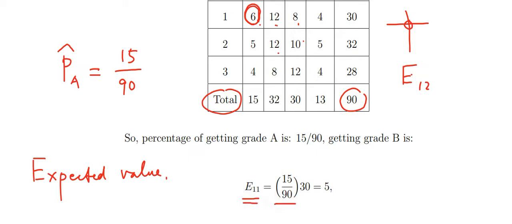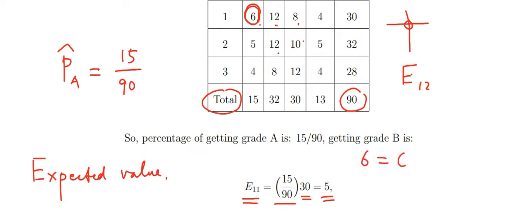It is just equal to the percentage times the total. In class 1 we have 30 students, so according to this percentage, percentage multiplied by total, the supposed number should be 5. So this 5 is the expected value, and this 6 we regard as the observed value.